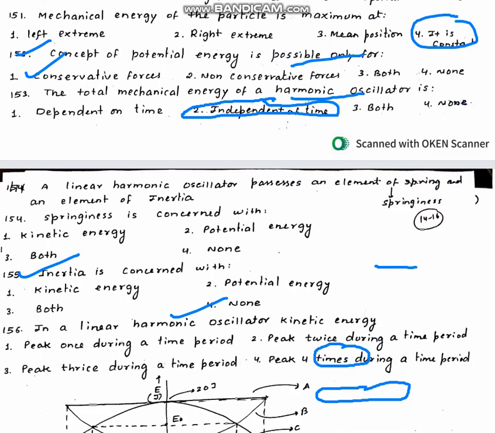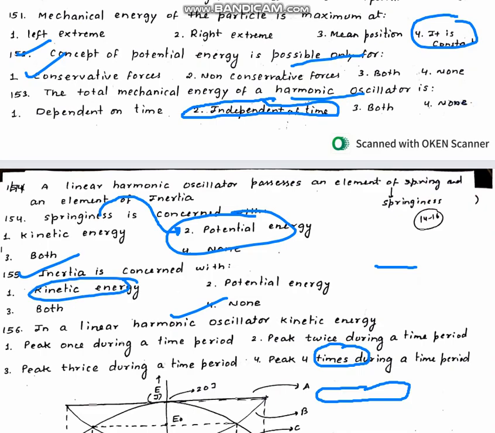Next is a linear harmonic oscillator possesses an element of springness and an element of inertia. So this springness is concerned with, so obviously spring is concerned with potential energy and that inertia or mass is concerned with the kinetic energy.